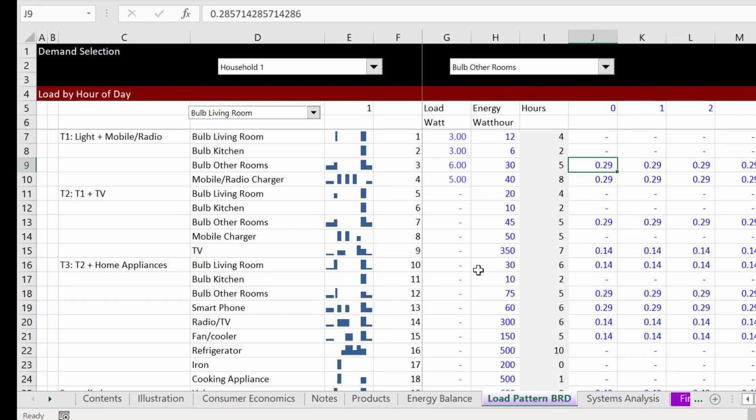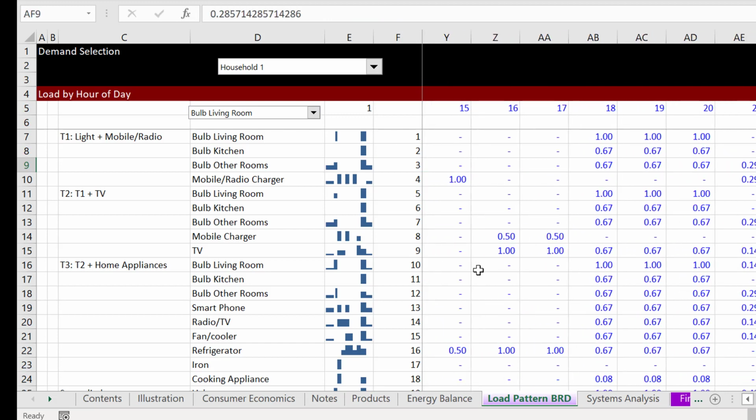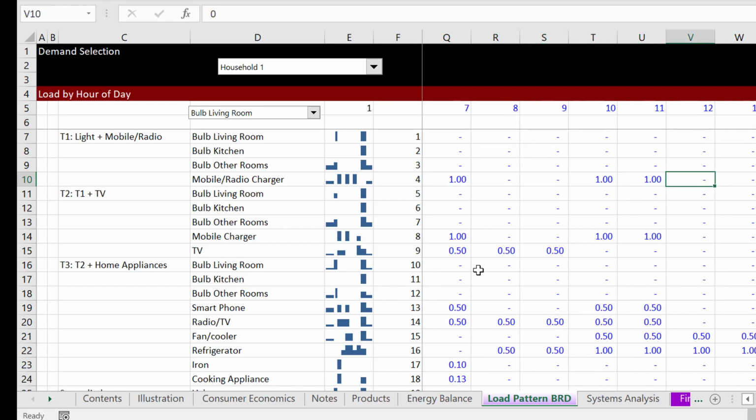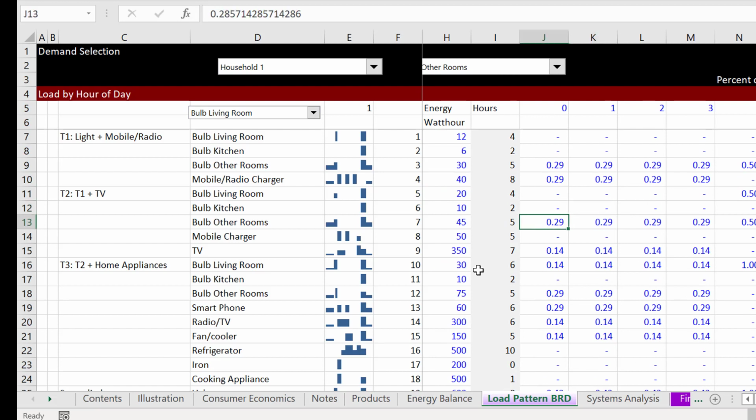And then if you put 0.29, for some reason they put bulbs as being on half the time and off half the time in other rooms, and then they put the charger as being fully charging for these hours. You could argue what hours are correct, but you're just putting the percentage of the capacity of the unit.